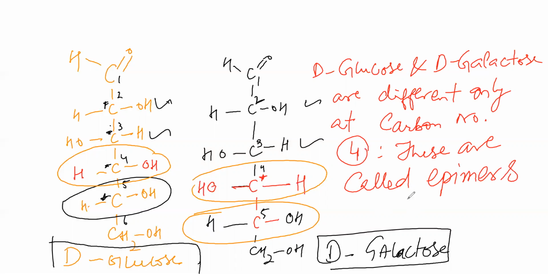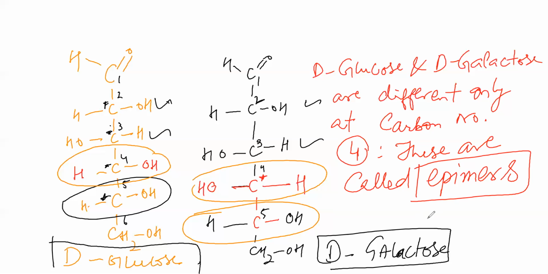So kindly note that glucose and galactose are epimers. Similarly, those structures which differ around only one carbon are called epimers. So glucose and galactose are epimers.